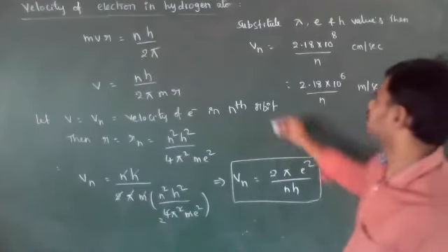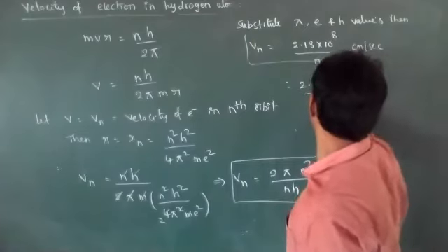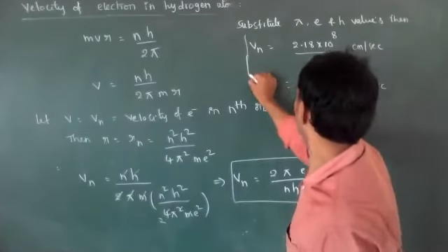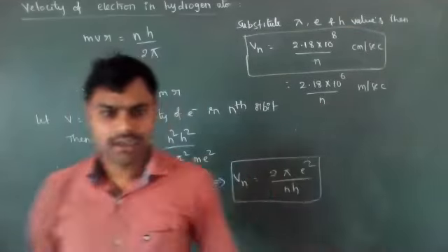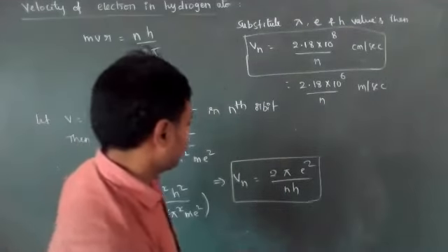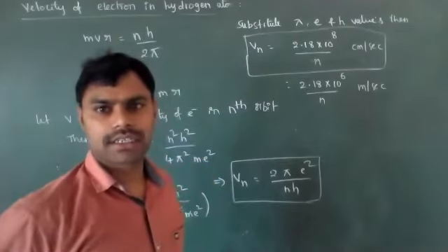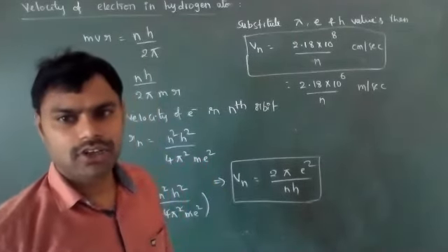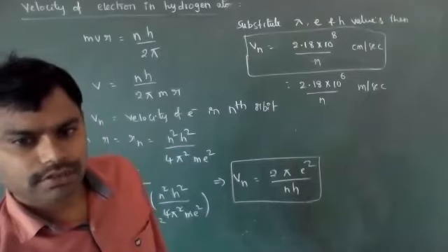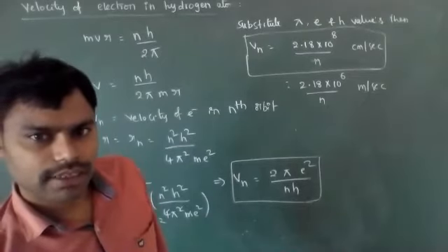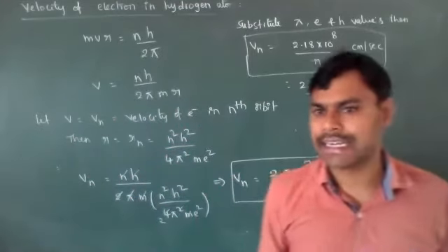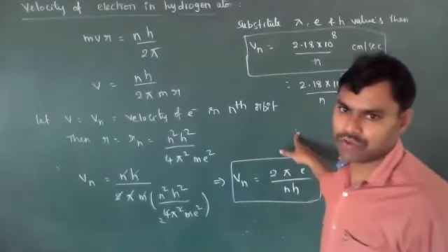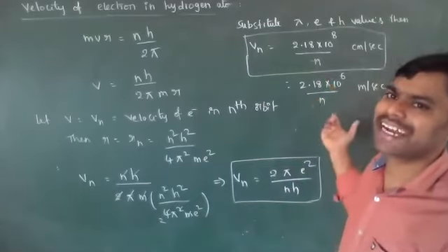These are the formulas now. In centimeter per second, h means Planck constant. Planck constant value is 6.625 into 10 to the power of minus 34 joules second, and 6.625 into 10 to the power of minus 27 erg second.